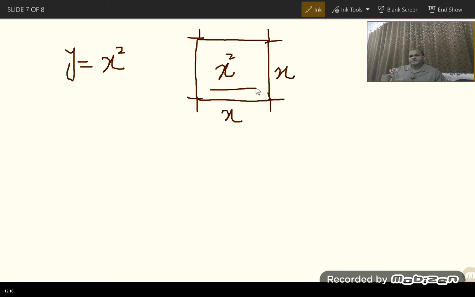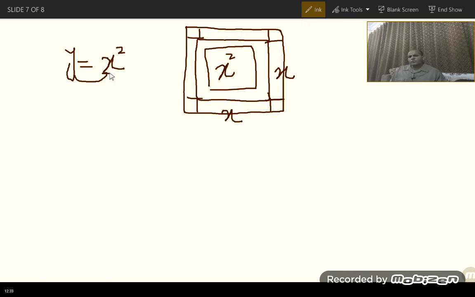If we decrease this, of course the area will become smaller than that one. If we increase it, the area will be more than the previous original square. Okay, so this y depends upon this x, where x is the length of the side. So if x increases or decreases, definitely there will be a change in the area.